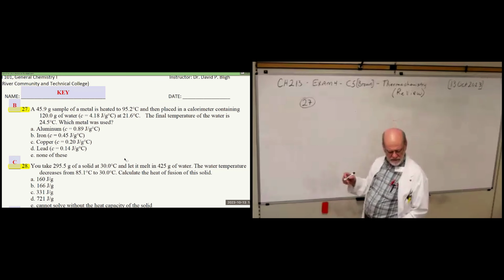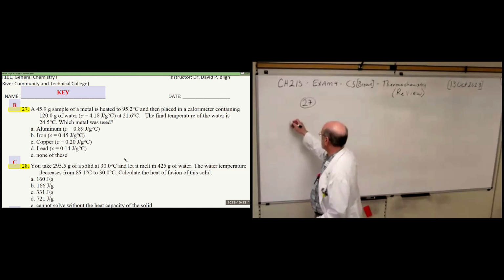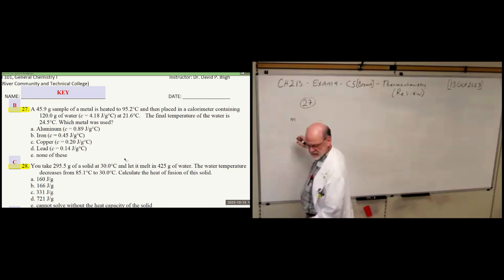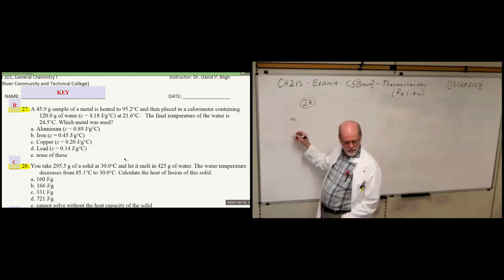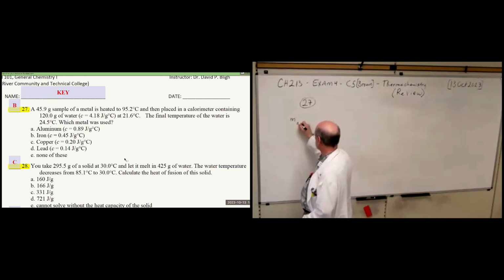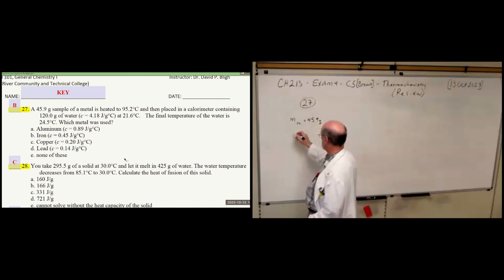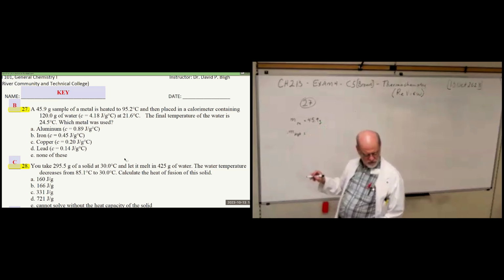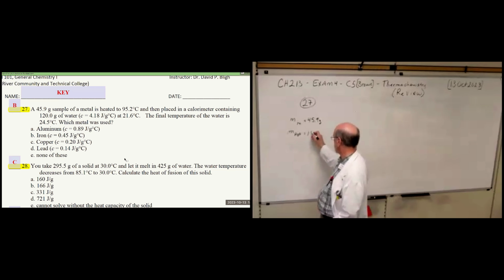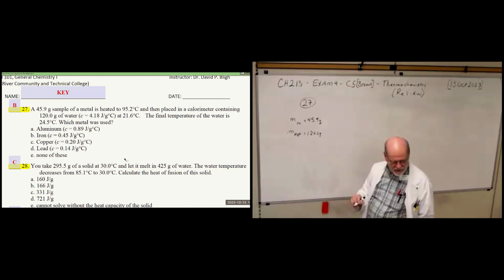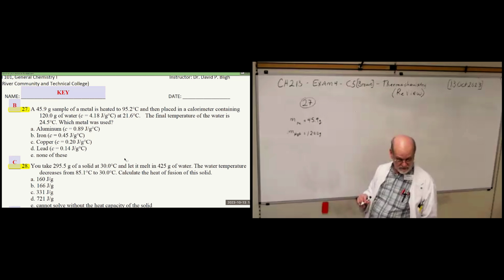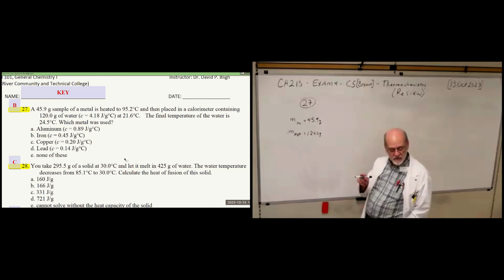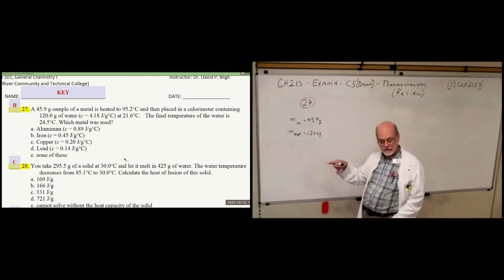So, let's put everything over here. The mass of the metal is 45.9 grams. The mass of the water is 120. The final temperature of the water is the same as the final temperature of the metal.